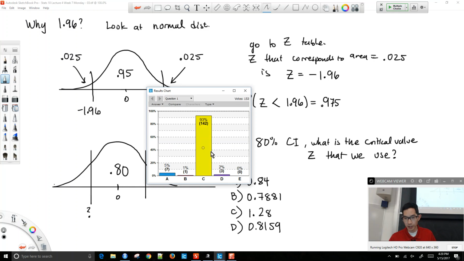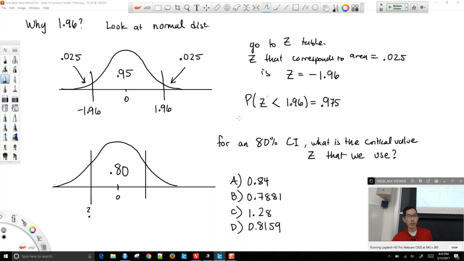And indeed, the correct answer is C. Okay, and so I'm pretty sure you guys figured this out because so many of you got it correct. But the idea is, if we're going to have 80% in the middle here, we want 10% over there and 10% over here.